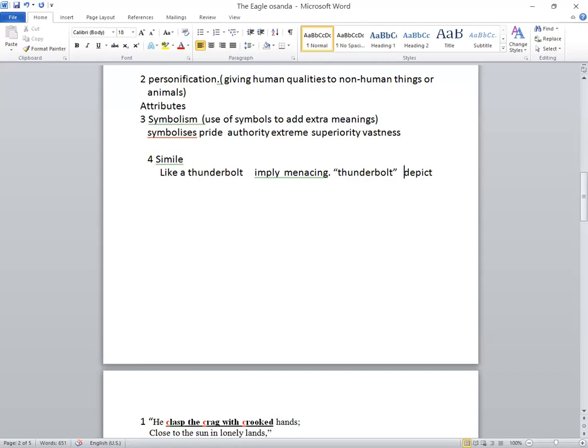To depict the eagle's extreme power in hunting. Full stop.